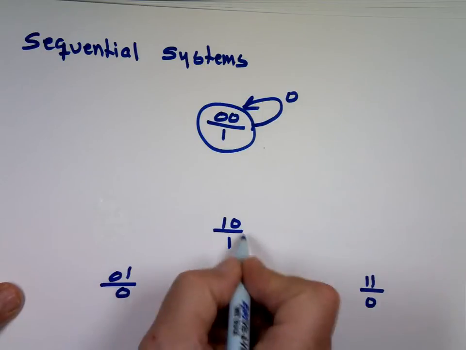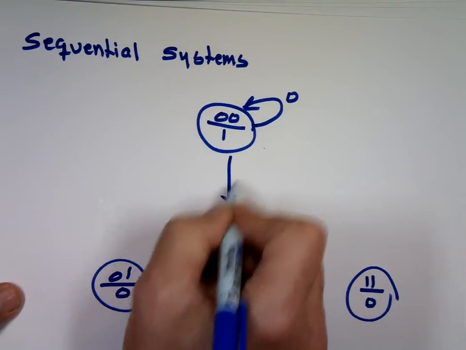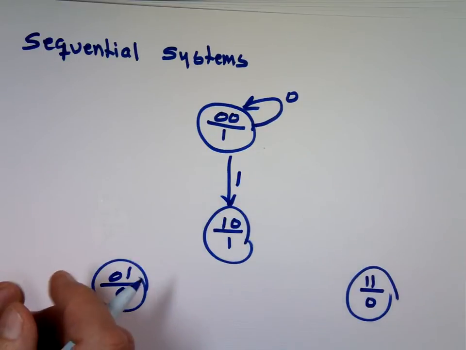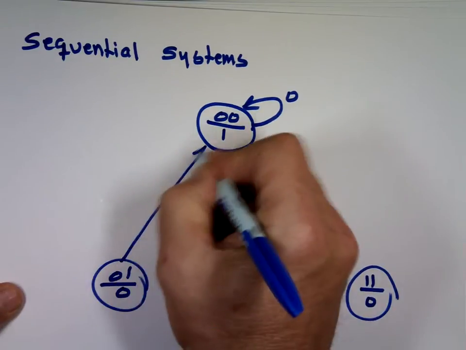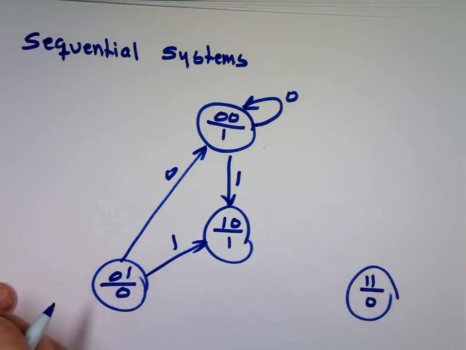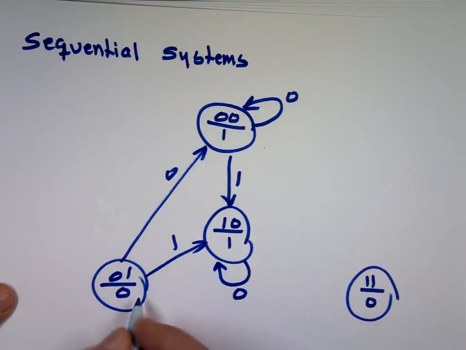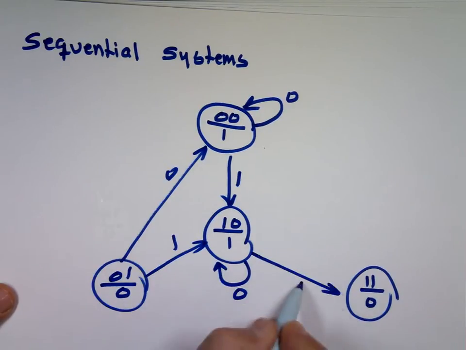If you put a 1, you're going to go down to this one if your input is 1. If your input is 0, you go right here. If your input is 1, you go right here. If your input is 0, you stay right here. If your input is 1, you go right there.